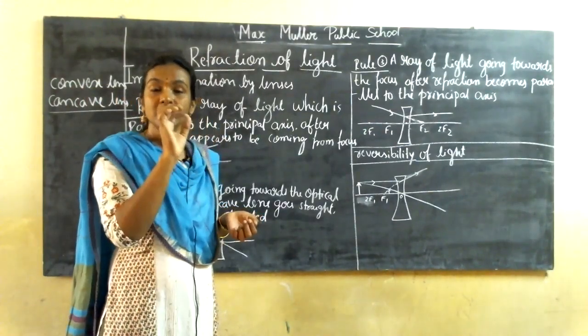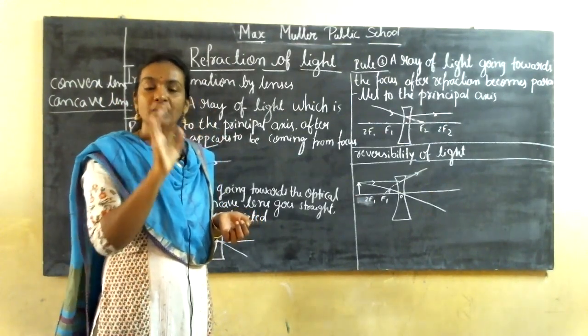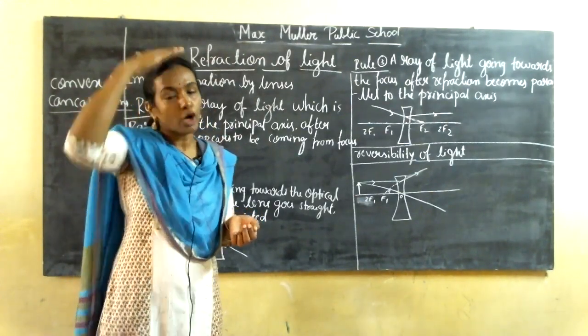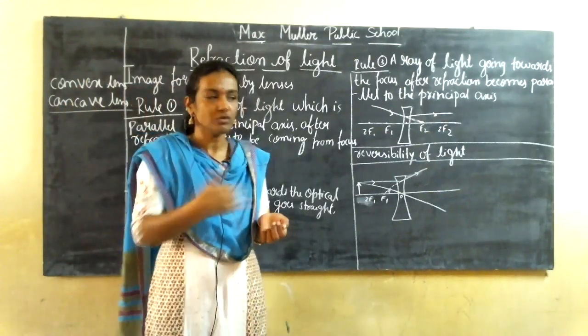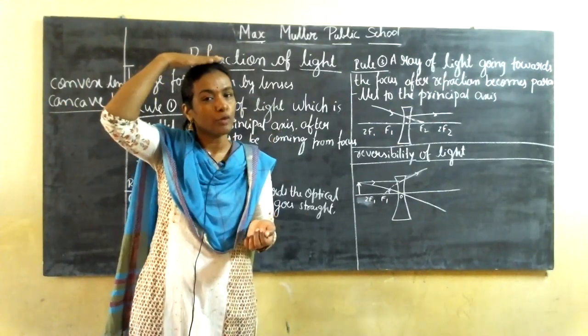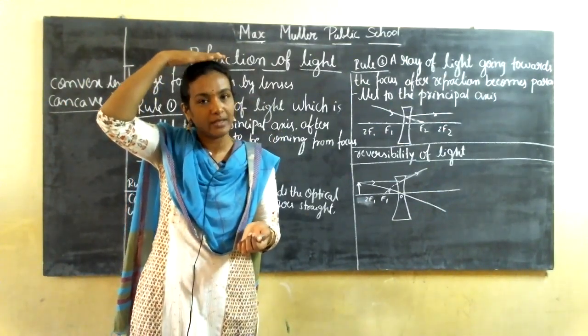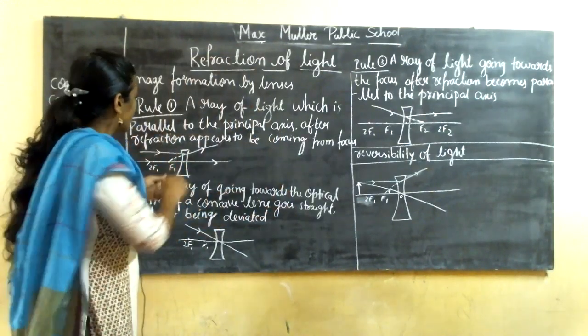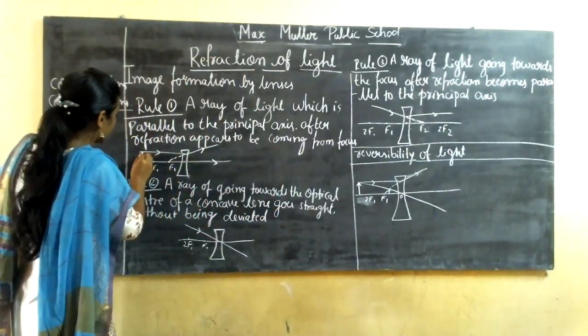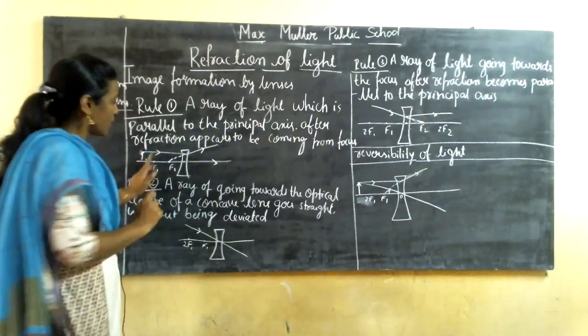Whenever you are drawing the ray diagram of any image, you have to take the top of the image. It means that if you want to take my image using a glass, you have to take a ray from the top of my head, from this point. You all know that, right? So here also, this is an object.